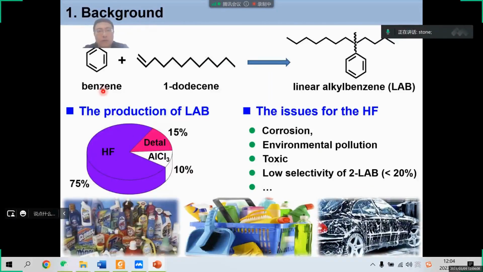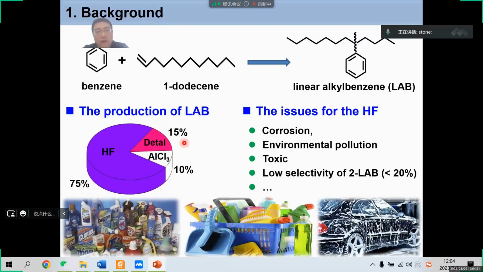So the first is background. The linear alkylbenzenes (LAB) is the raw material for the production of alkylbenzene sulfonate. The alkylbenzene sulfonate is a surfactant. It's widely used in household and industry detergent.